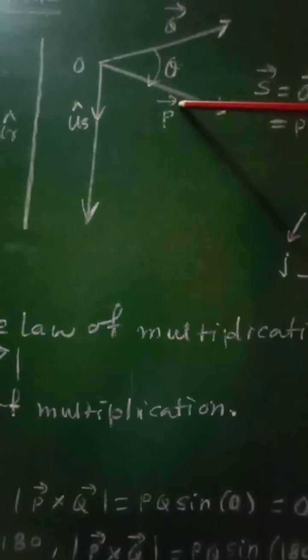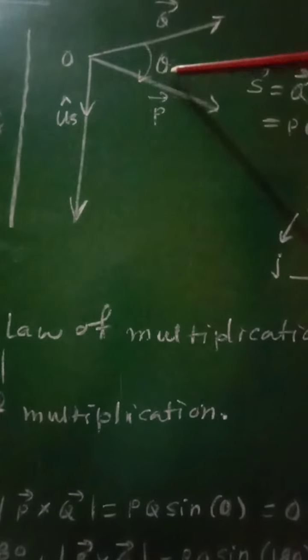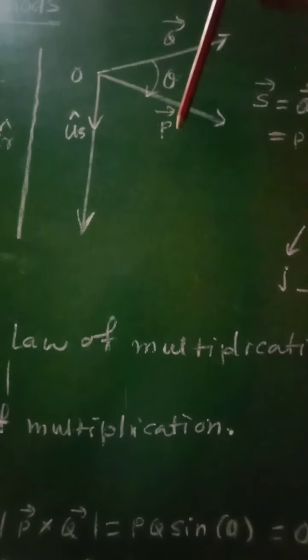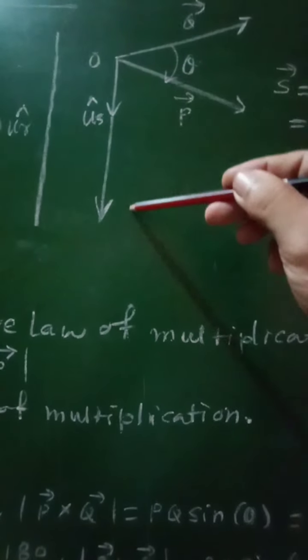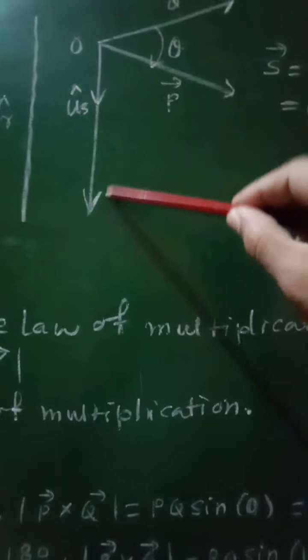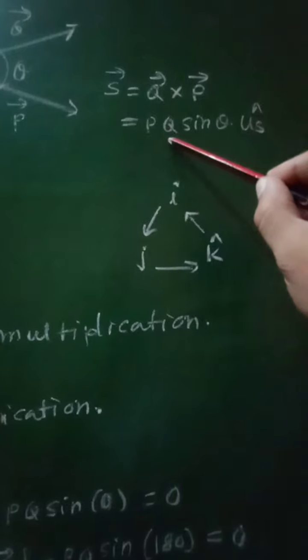Similarly, again, if two vectors P and Q are in the horizontal plane, and now if you rotate the screw from vector Q to vector P through angle theta, the tip of the screw will proceed in the downward direction, and therefore this vector will represent, suppose, vector S, and therefore that vector S will be equal to vector Q cross vector P, that will be equal to PQ sine theta into unit vector US cap.